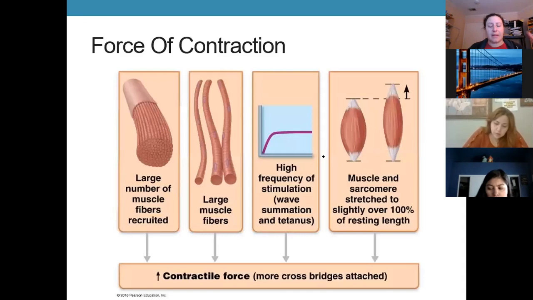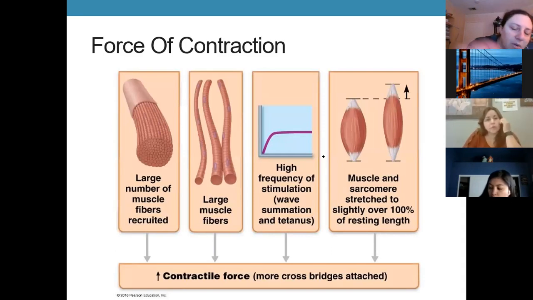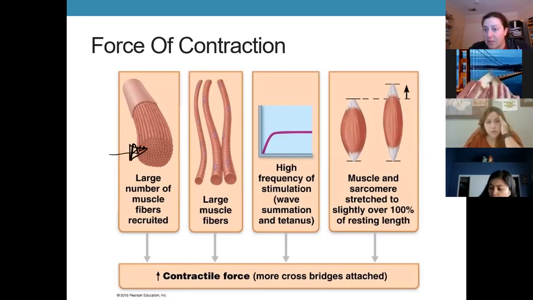And that takes us back to this. Every single one of these things represents more cross bridge cycling occurring at the same time. So for one thing, if there's more muscle fibers, so more cells, we're going to have more cross bridges, right? Because every cell has a certain number of myofibrils and a certain number of sarcomeres.